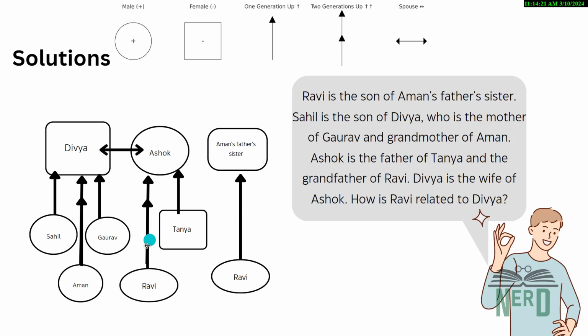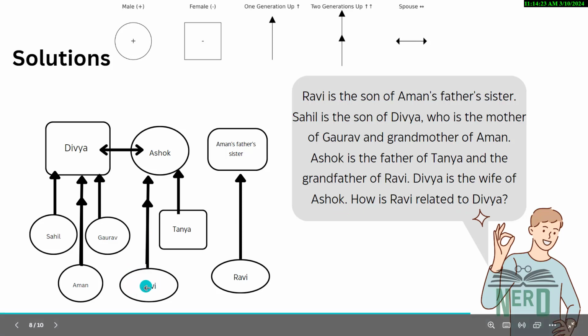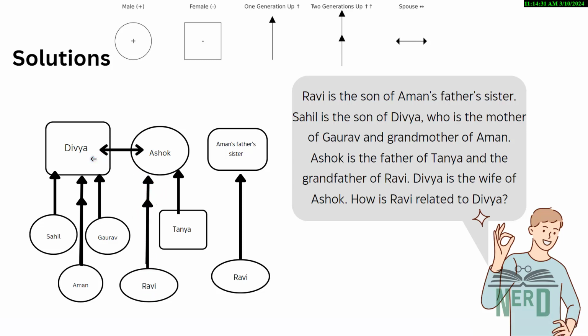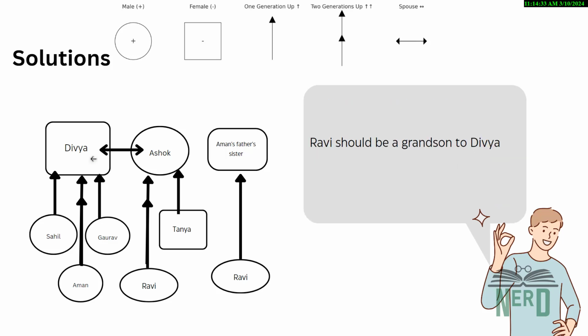So Ravi here, two arrows up, we can easily take grandmother. Very easy. So our answer is Ravi is the grandson of Divya, and Divya is the grandmother of Ravi. So easy to answer with the diagram if you have it.